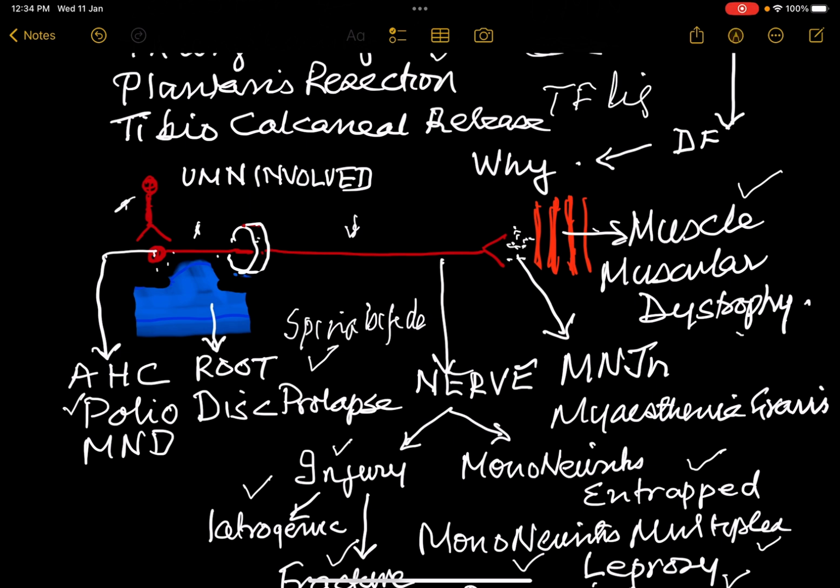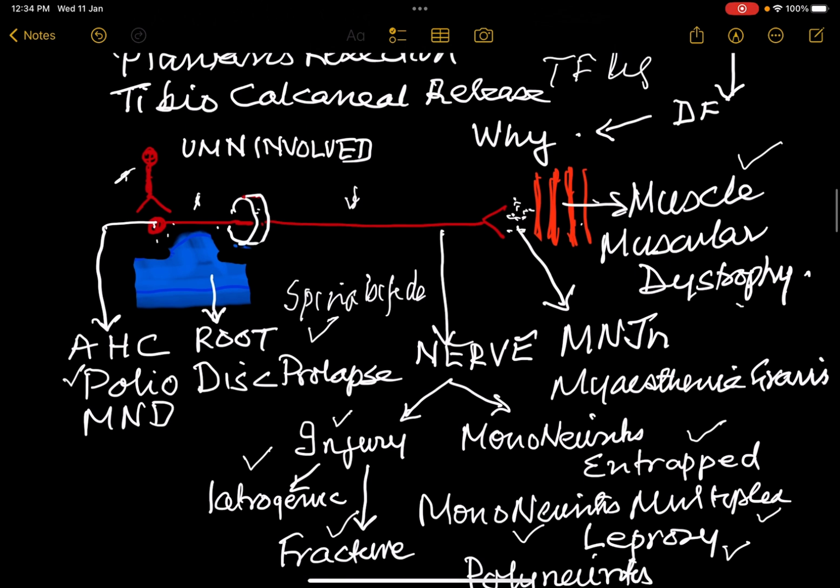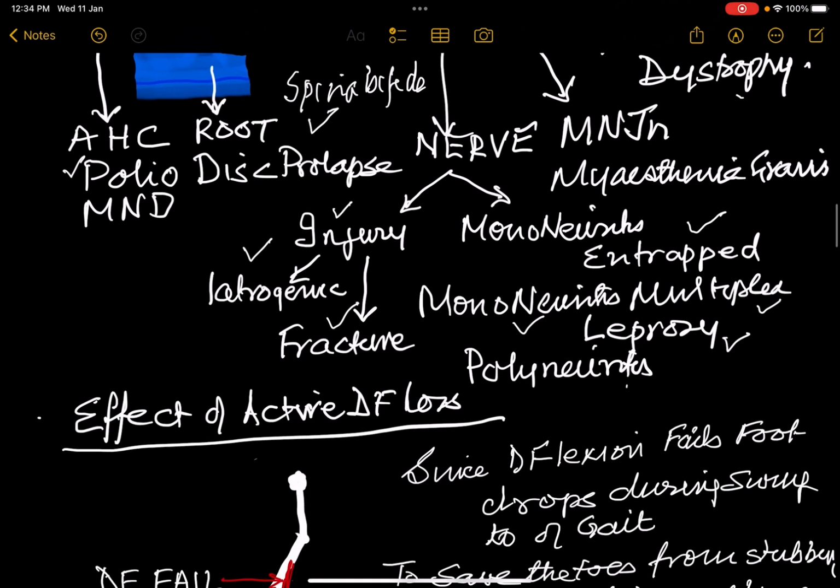So remember, anterior horn cell, nerve root, nerve, myoneural junction, muscle. So these can be all the causes of loss of dorsiflexion, and you must learn how to identify them clinically and do appropriate investigations to find out why there is a foot drop.